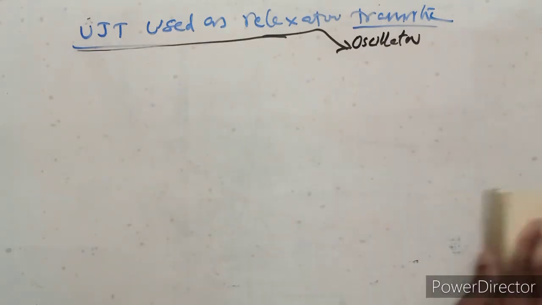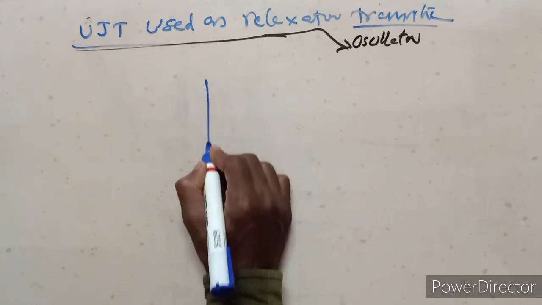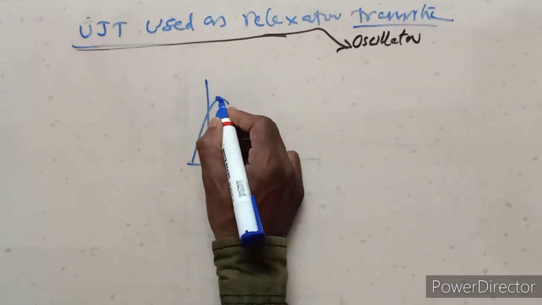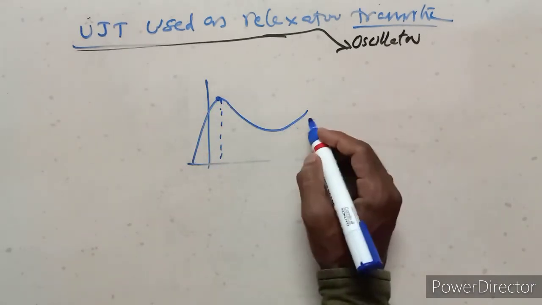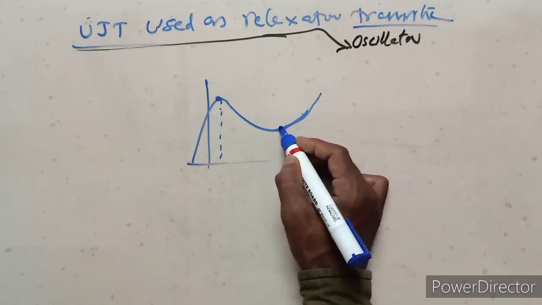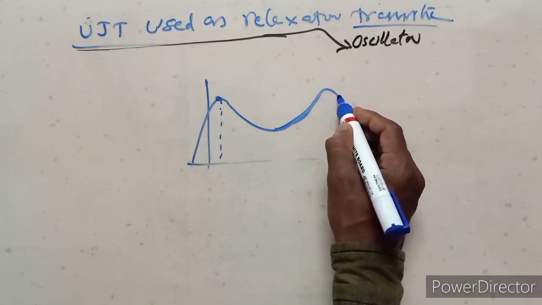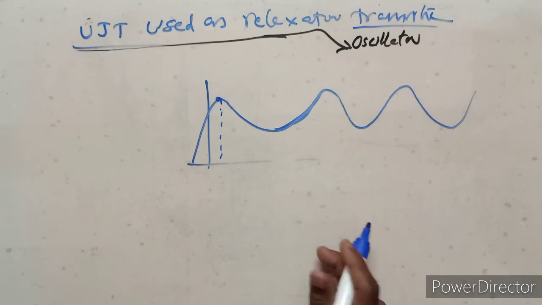Okay, then the characteristics. Once we observe the characteristics, this is the peak point, then it repeats and reaches the peak point again.